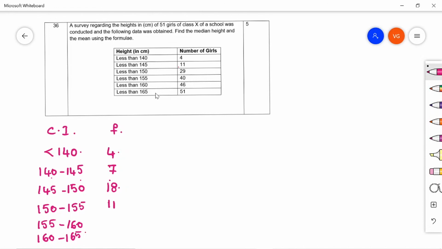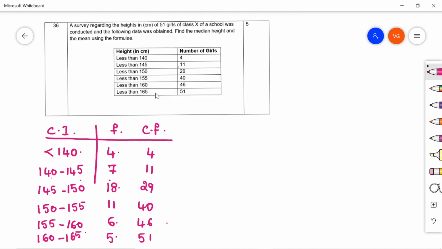Then you will get 46 minus 40 as 6. Then 51 minus 46, 5. Then the cumulative frequency is nothing but the given frequency itself. Write down 4, 11 and then 29, 40, 46 and 51. So this is the table.